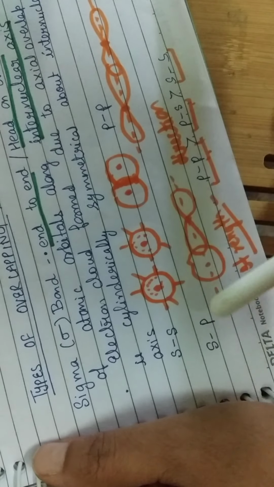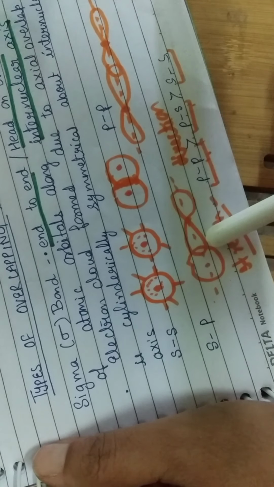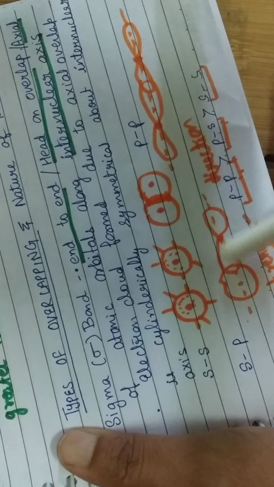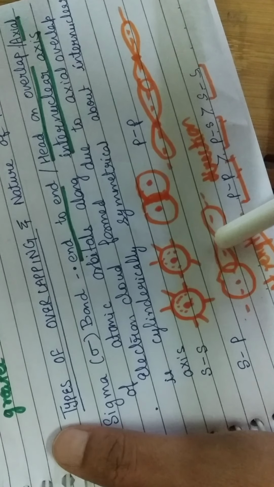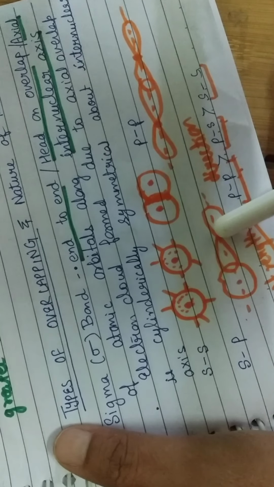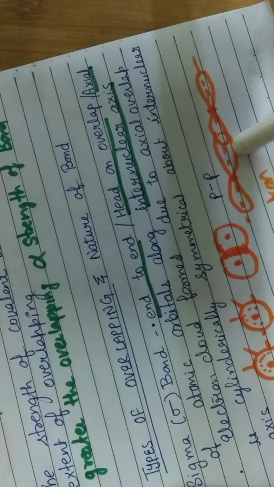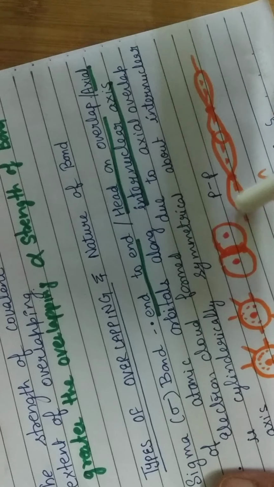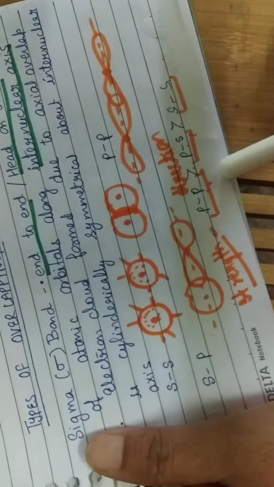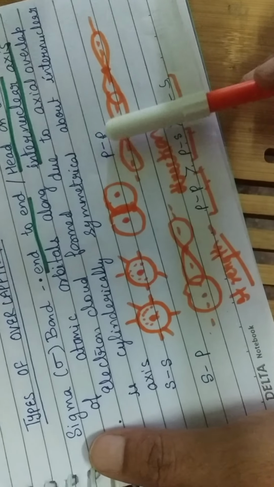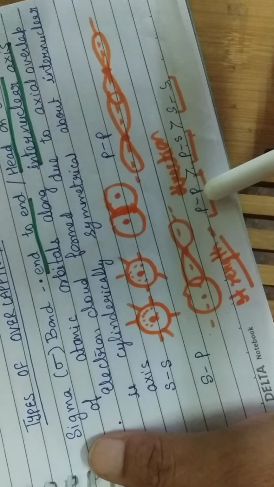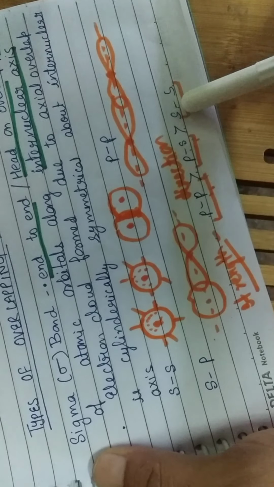Similarly, s orbital and p orbital can also overlap with each other and form a sigma bond. Here also, along the internuclear axis, electron density is maximum between the nuclear regions. Then third, pp orbitals can also have head-on overlap along the internuclear axis. Now if we compare the strength of the three types of overlapping, then pp bond is strongest, then ps and then ss.